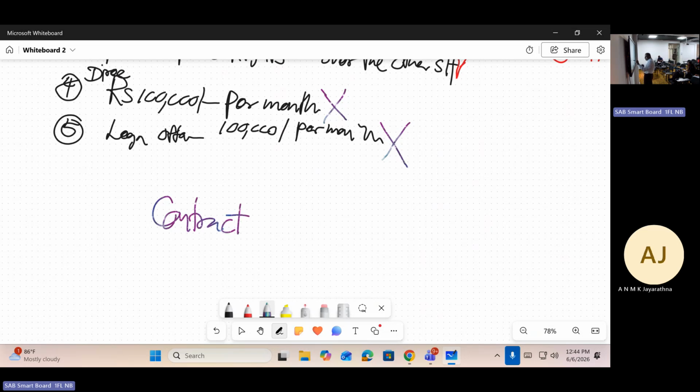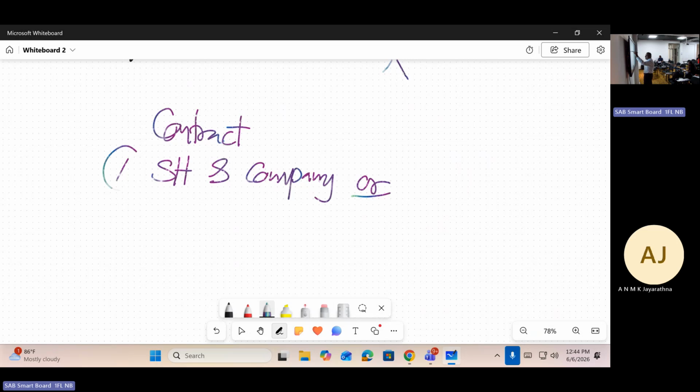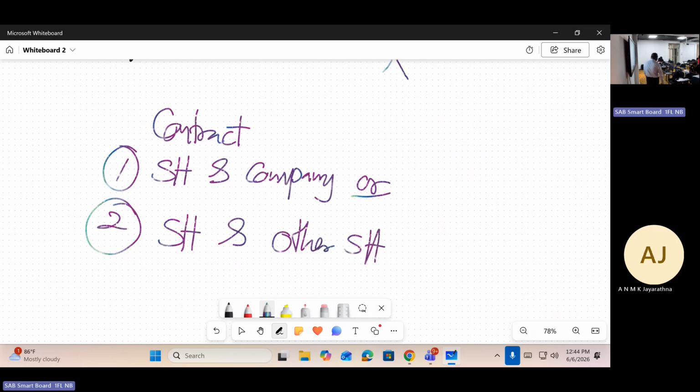A binding contract is made between the shareholder and the company, or between a single shareholder and the other shareholders of the company.